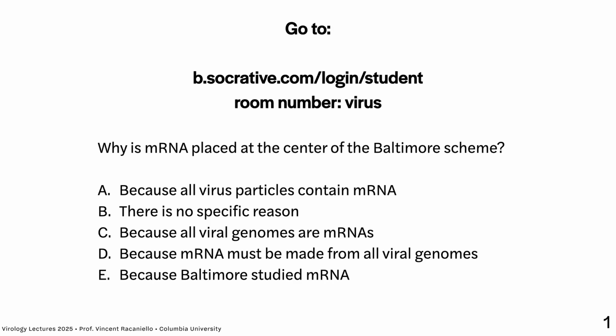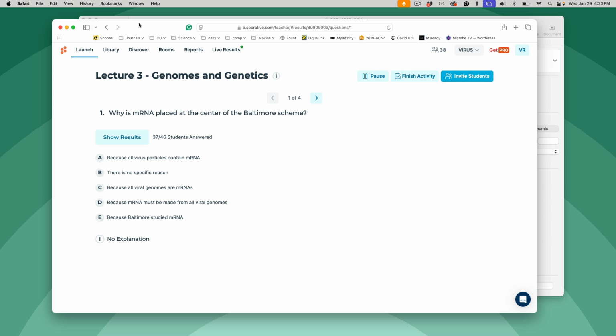So why is mRNA placed at the center of the Baltimore scheme? A, because all virus particles contain mRNA. B, there's no specific reason. C, because all viral genomes are mRNAs. D, because mRNA must be made from all genomes. E, because Baltimore studied mRNA. Let's see how we did.